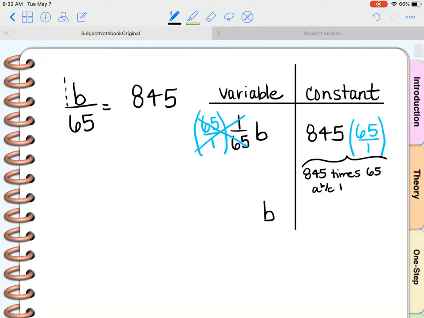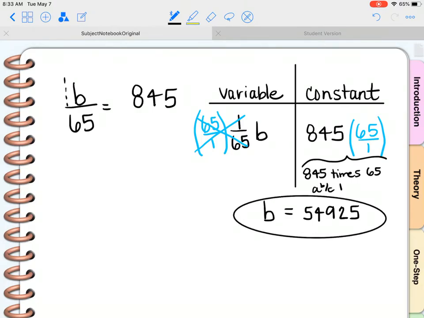It's going to be 50,000, somewhere in that neighborhood, I do believe, but let me be sure. 845 times 65 ABC 1. Actually, it was a little bit low, estimated. It's 54,925. So I was a little off in my estimate, a little on the low side. Very large number, but you're dealing with large numbers. The 65 and the 845 are pretty big numbers, so not surprised here.